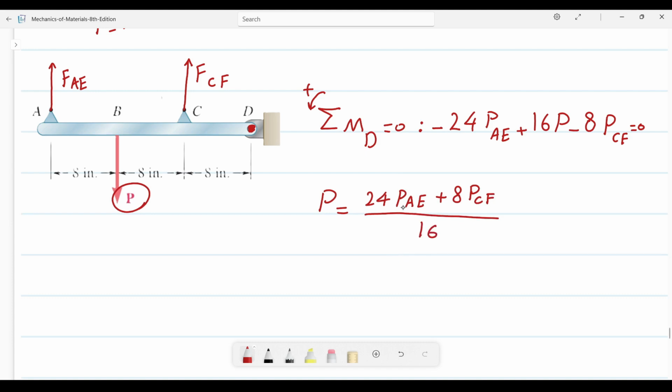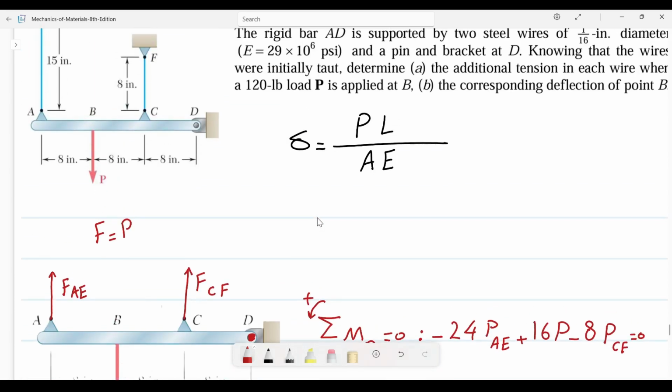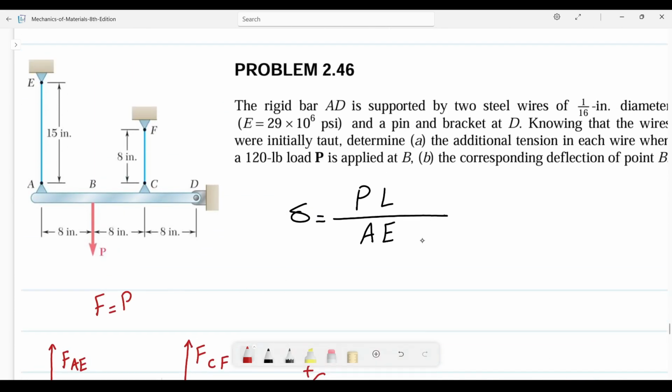We need PAE and PCF, and we use this formula to achieve P. It means here we have P equal to deflection multiplied by area and E divided by length.